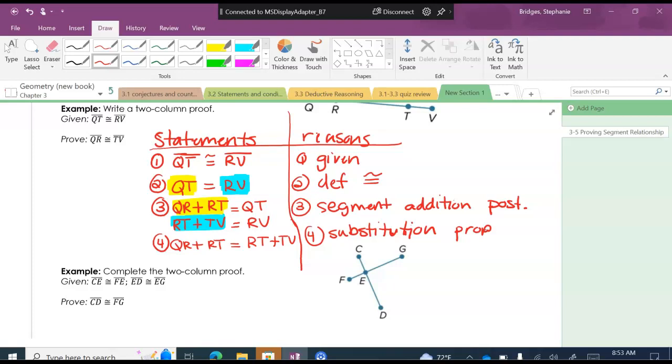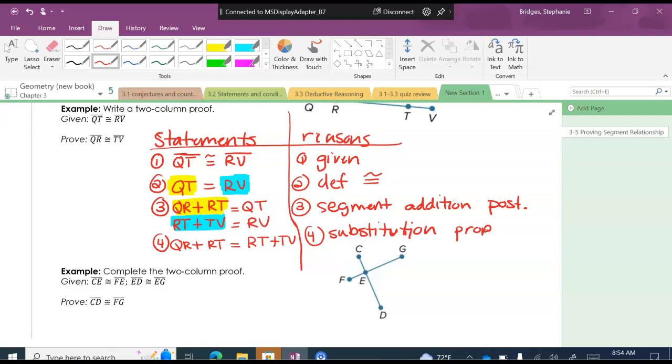If I wanted to get rid of this RT over here, since it's the same, does it make sense that I can do this? I can take the same thing away from both sides. Okay. And if I did that, what would be left? What's left over here? QR is going to be equal to what? TV.